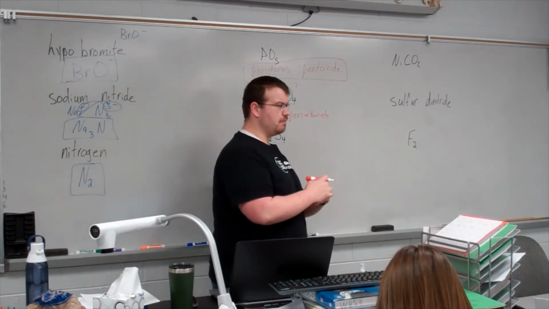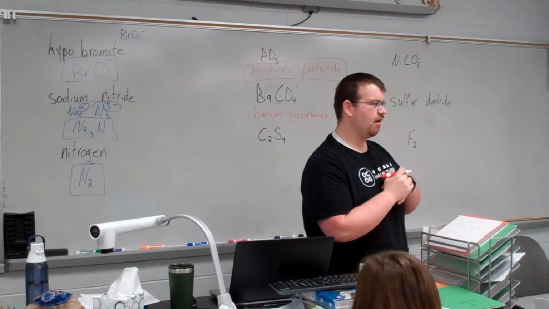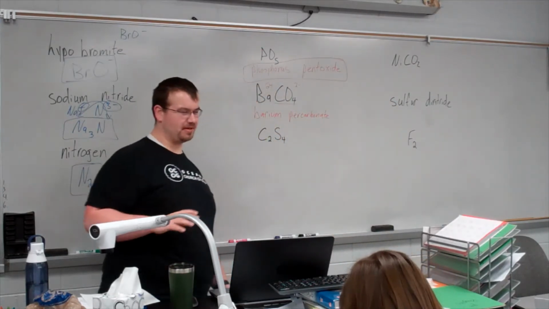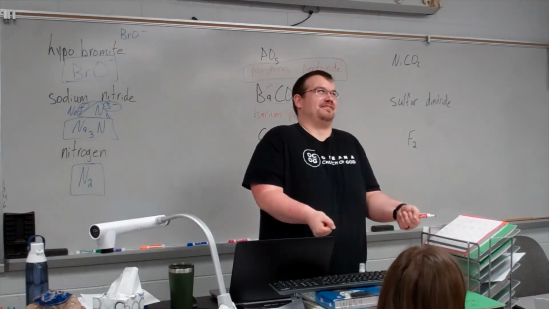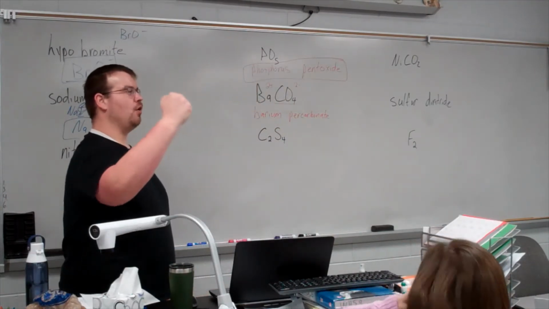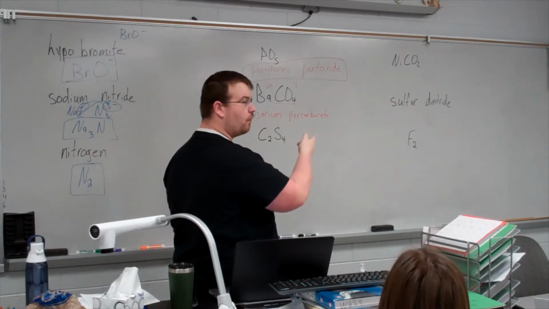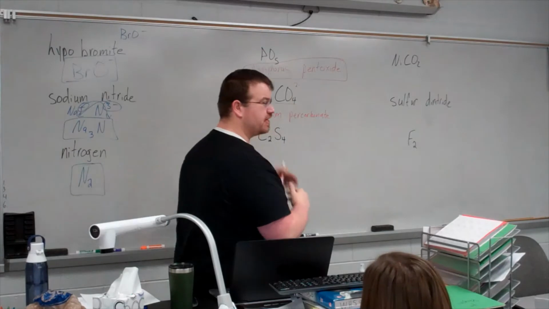Think back to your memory of those polyatomic ions that I know you all have memorized, and never set out on your desk and look at anymore because you have them so well in memory. Okay, carbonate. I was talking about CO3 2 negative. CO4 has 1 more oxygen. Since you have 1 more oxygen, that means you add the prefix per.